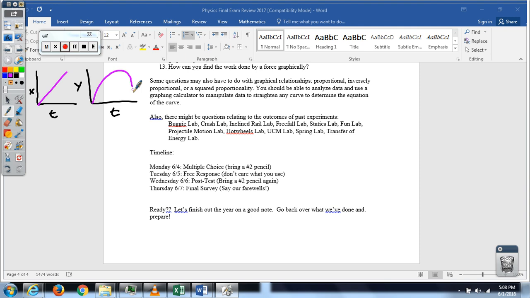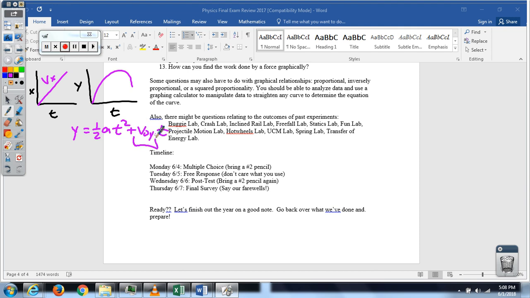This was able to tell us the Vx from the slope, and the equation for this curve gave us 1/2 of a, which was close to -5 because it's half of -10, times t squared plus V0y times t.